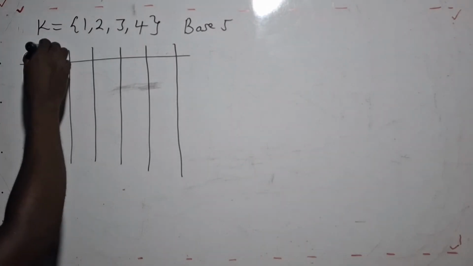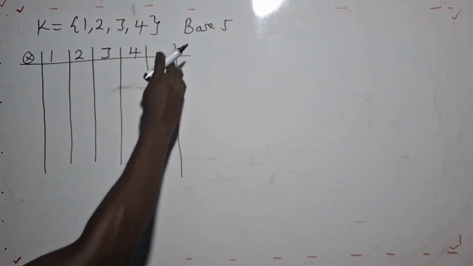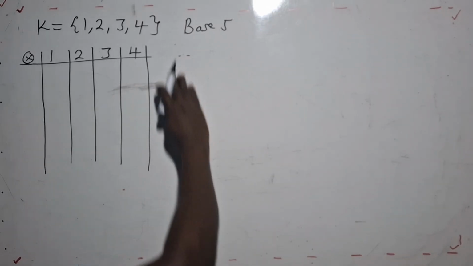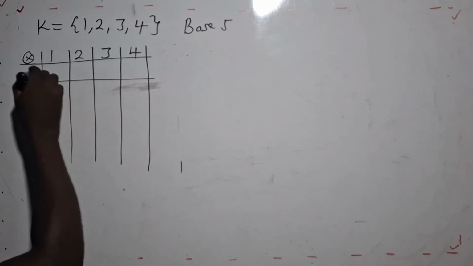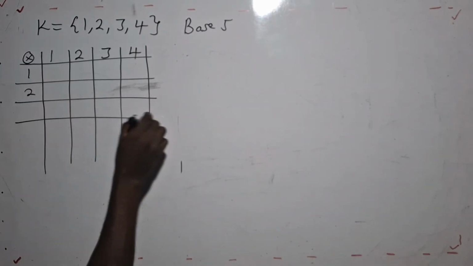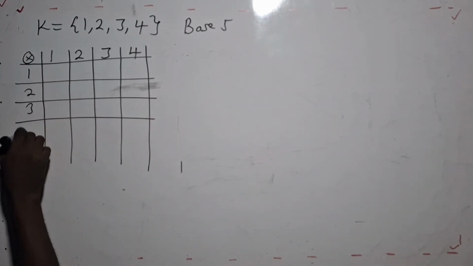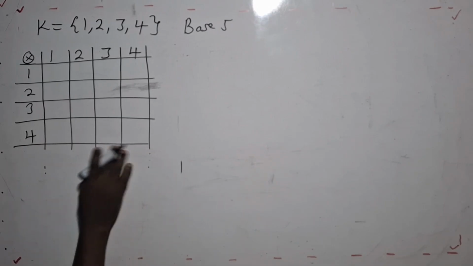Multiplication sign, then we have 1, 2, 3, and 4. So I can erase this side since it is 1 to 4. And I'll have here 1, 2, 3, and 4.